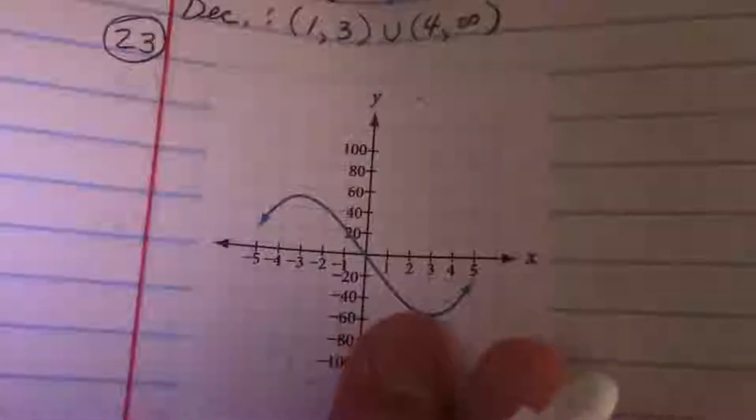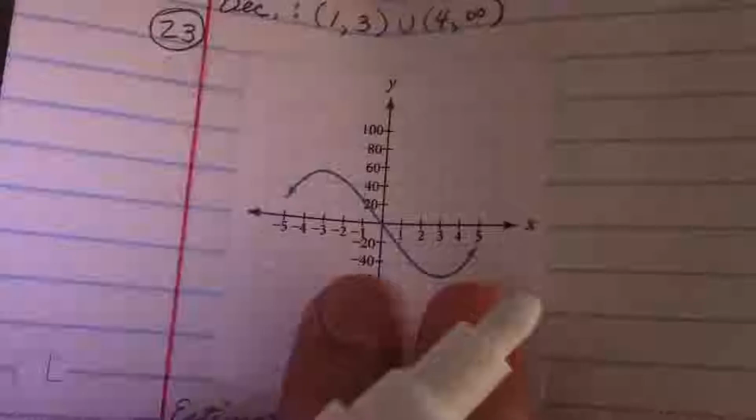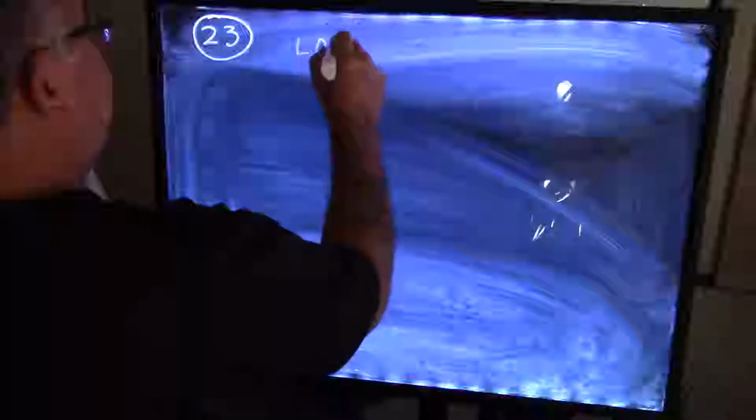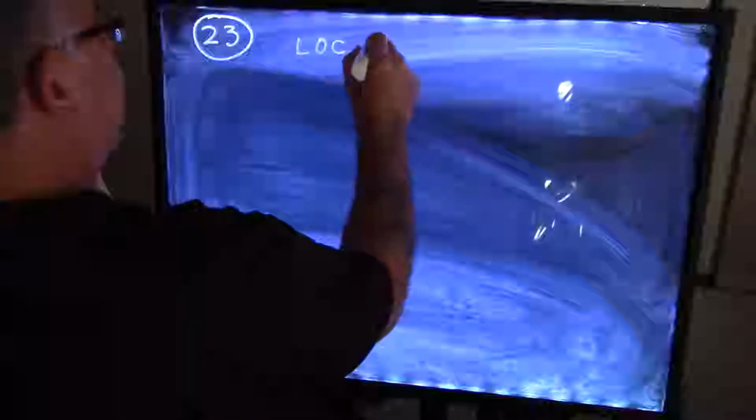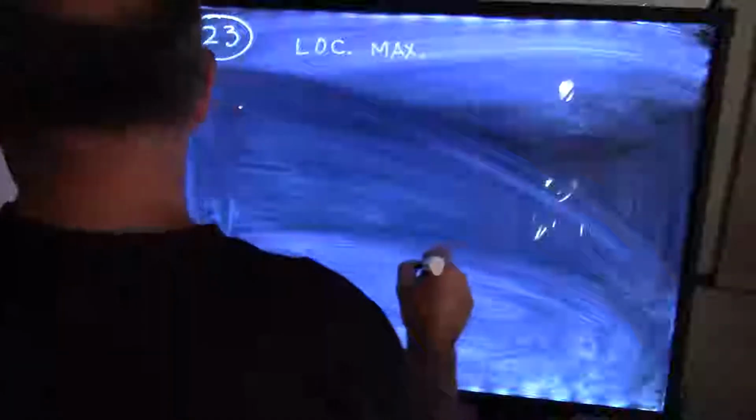Local minimum is right there, x equals 3. And what's the y value? That's negative 50. Alright? So the local max, it's also called relative max in older books. Local max is negative 3, 50.